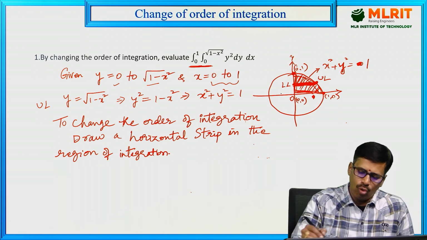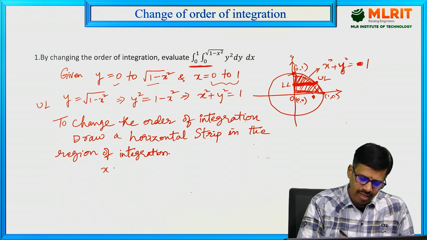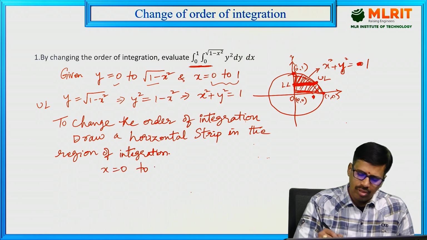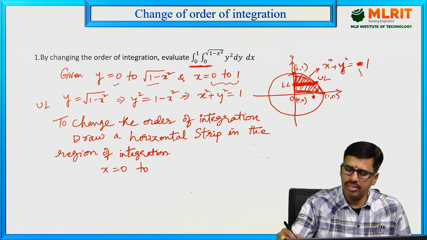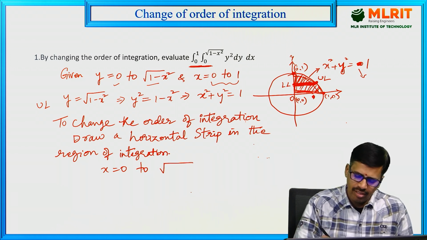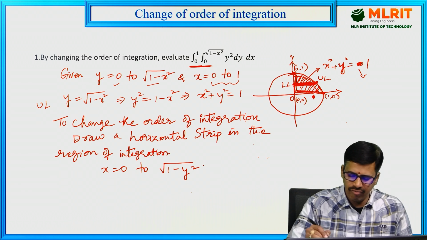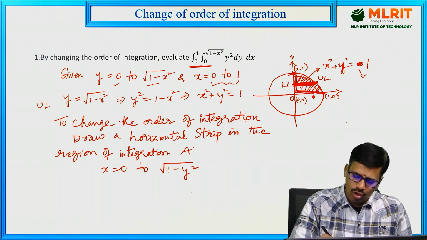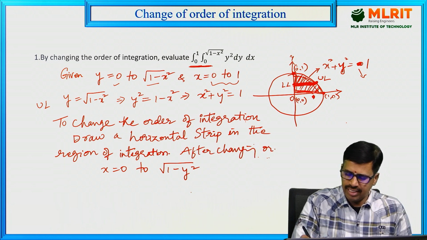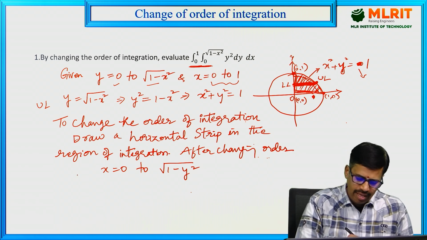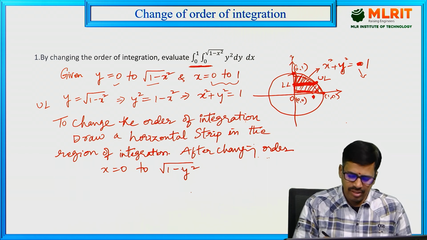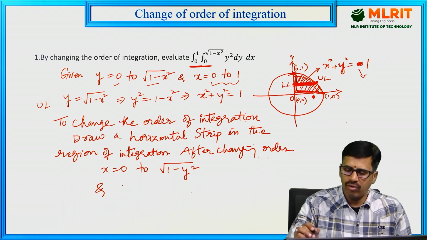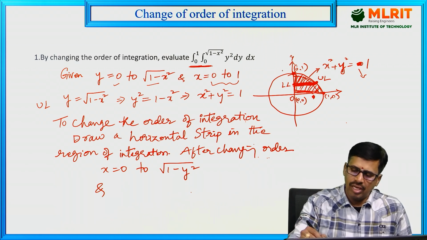Therefore, lower limit is nothing but x equal to 0 and upper limit from this equation, if you write x value in terms of y, we get under root of 1 minus y square. So after changing the order of integration, x varies from 0 to under root of 1 minus y square, and we have to write y limits. So this is A, this is B, this is origin.